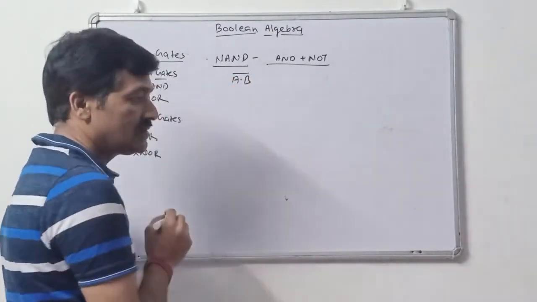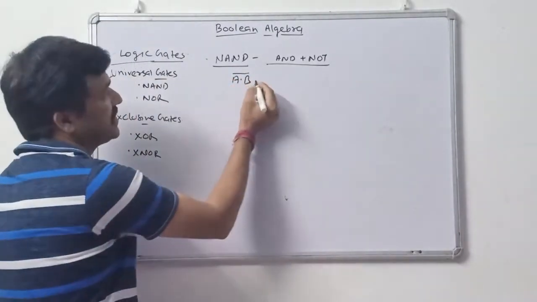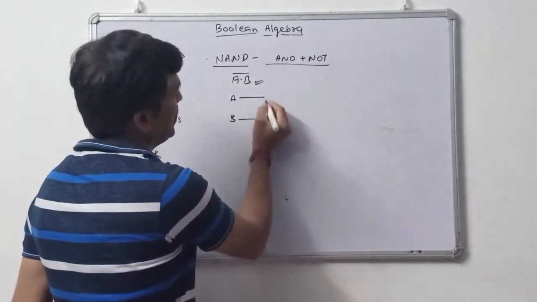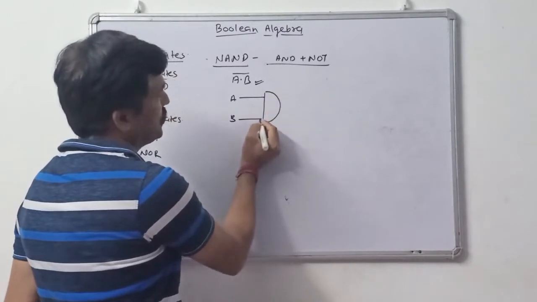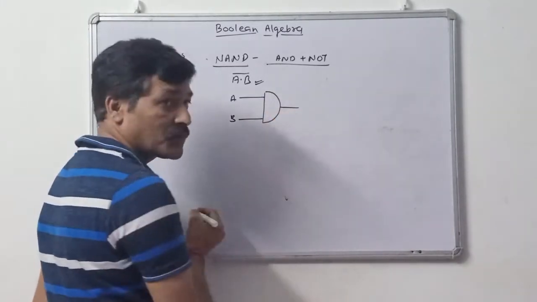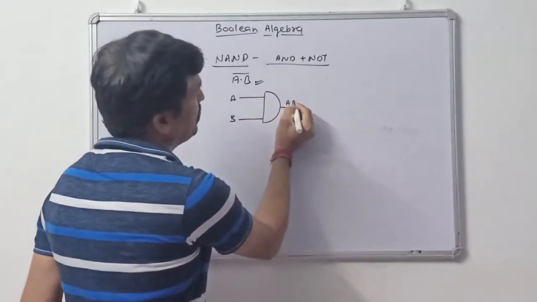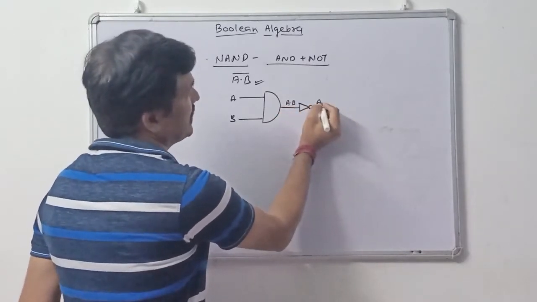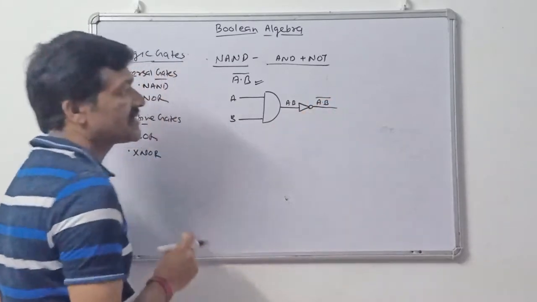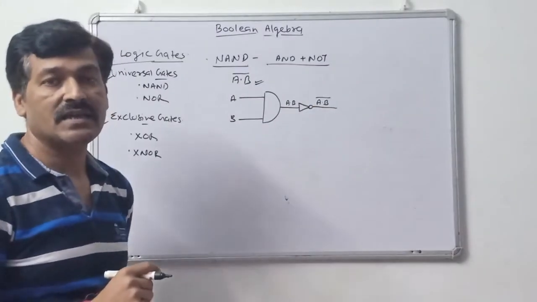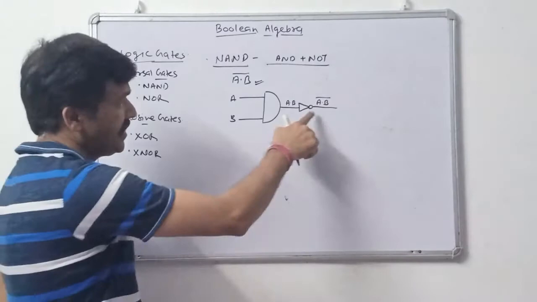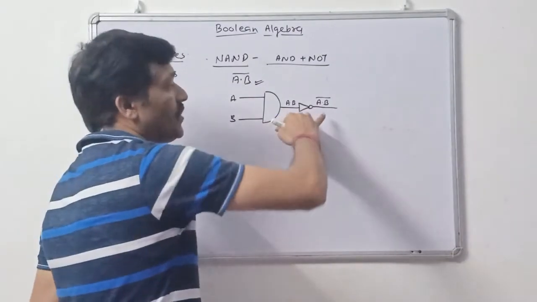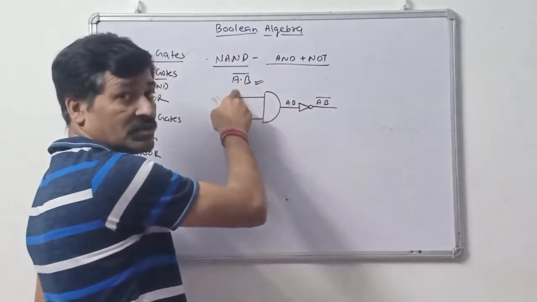If we need to create the Boolean logic circuit, A and B are the inputs to the AND gate, and the result produced, A and B, will be negated by the NOT gate. That is converted into A into B whole bar. So this is converted by an AND gate and a NOT gate.